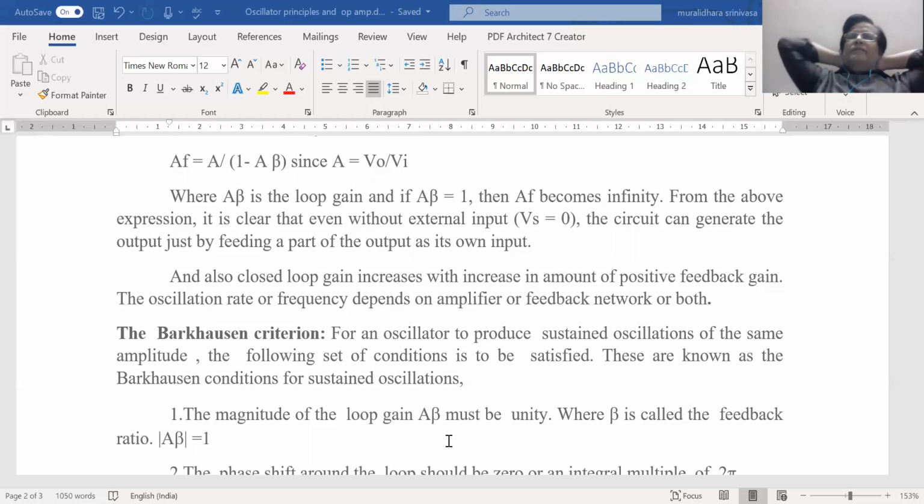This central frequency Fr is given by the square root of the product Fh times Fl, and the ratio Fr by Fh minus Fl defines the quality factor Q of the circuit.